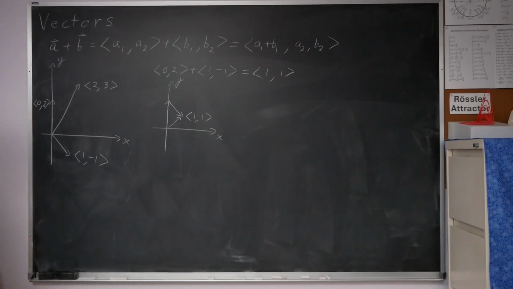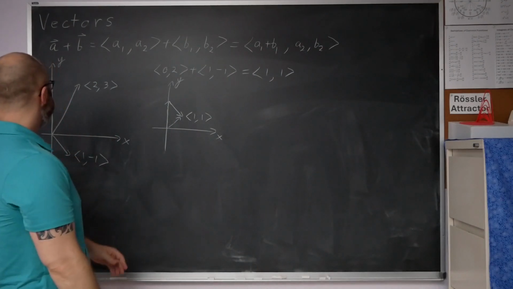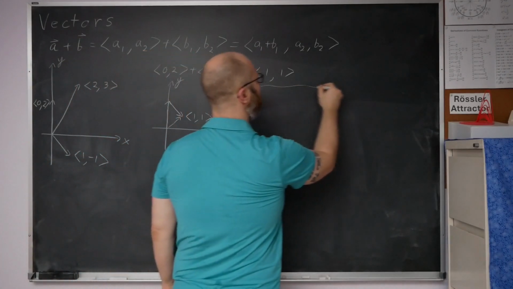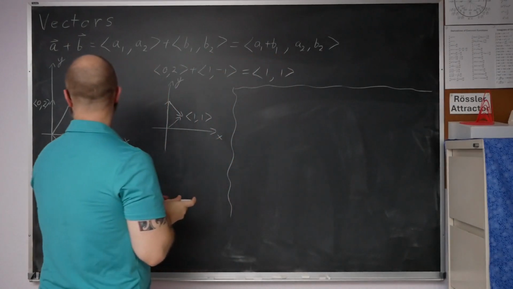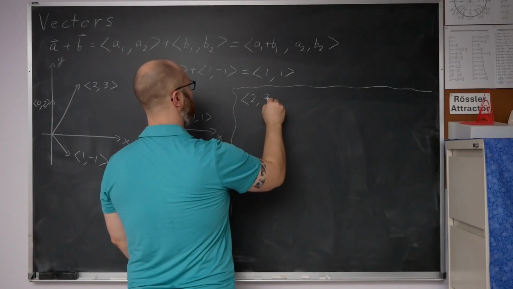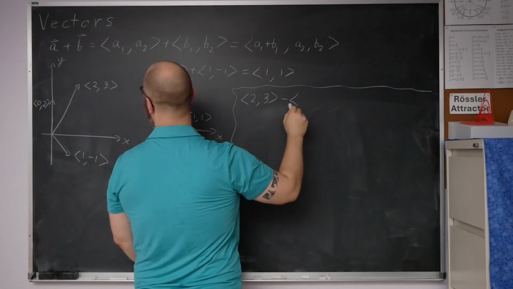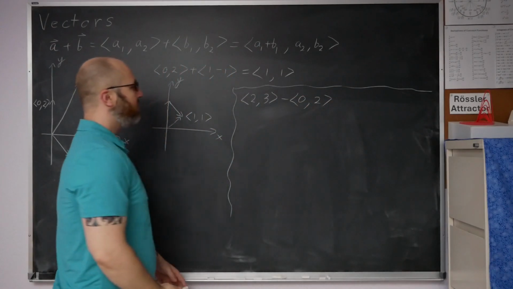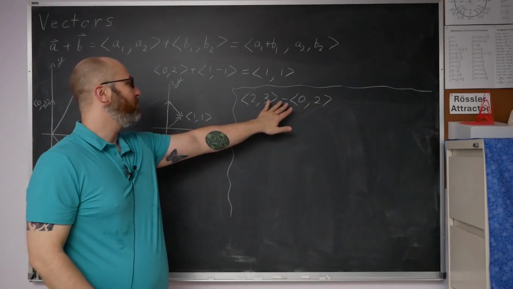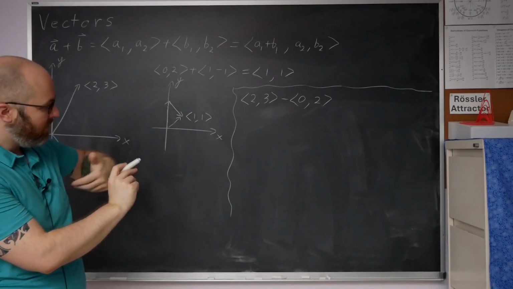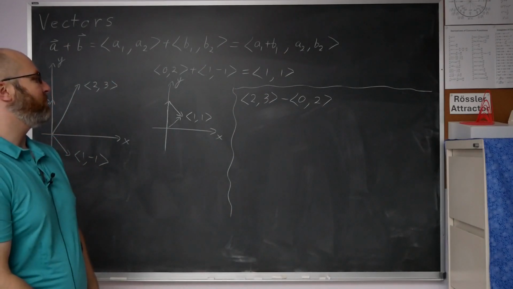All right, it's a little more confusing if you subtract vectors, so let me do that over here. So let's say I have vector 2, 3 minus vector 0, 2. Geometrically, the minus always trips me up because I have to think, okay, it's going in the reverse direction, and I have to keep that in mind, and it just messes me up.